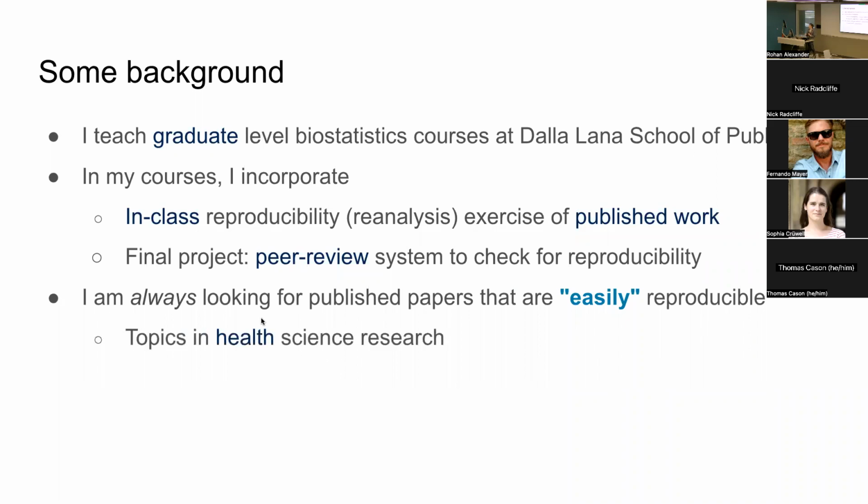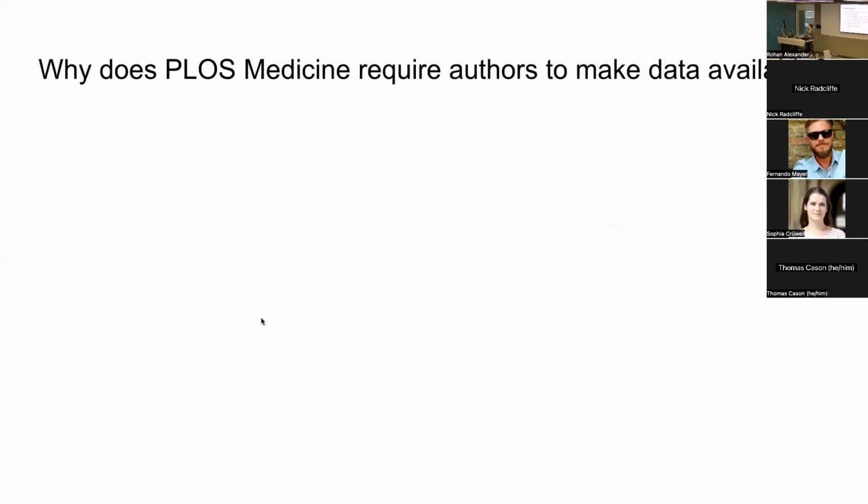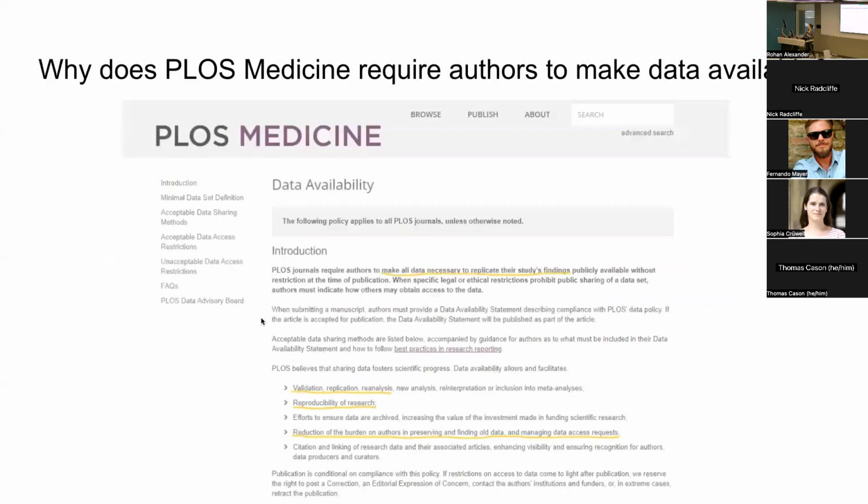Especially in the topics of health science research and where the analysis involves correlated data, because that's the class that I teach. So I turn to PLOS Medicine often because they do have this data availability statement, and they do require the authors to provide data as part of their paper package.